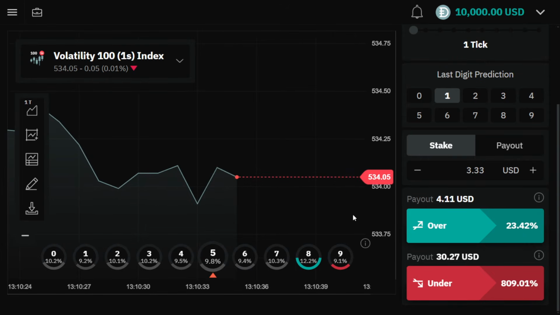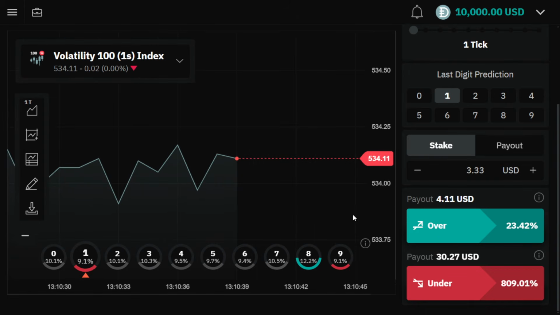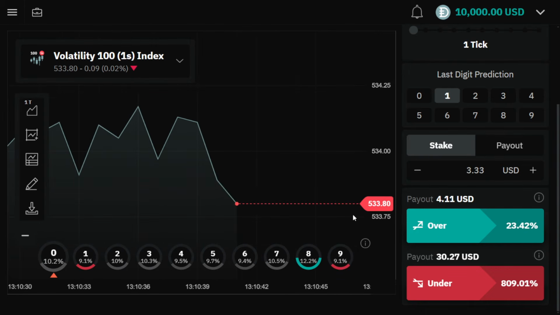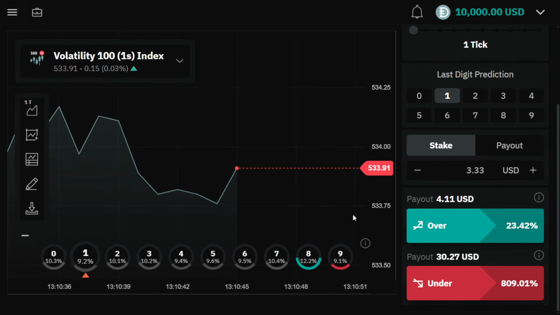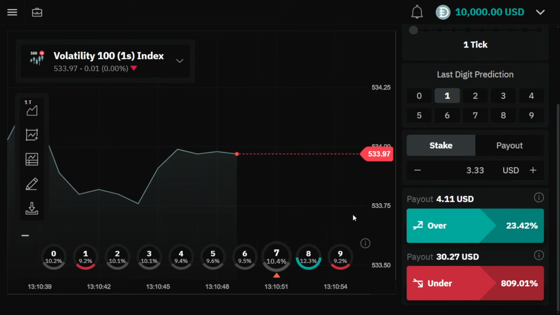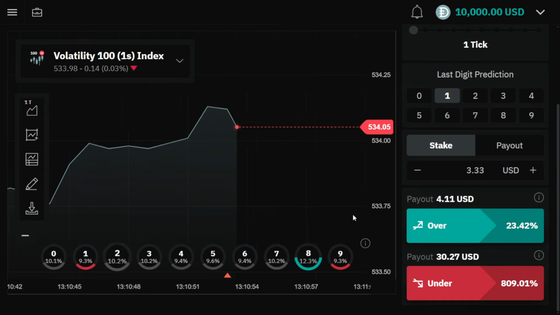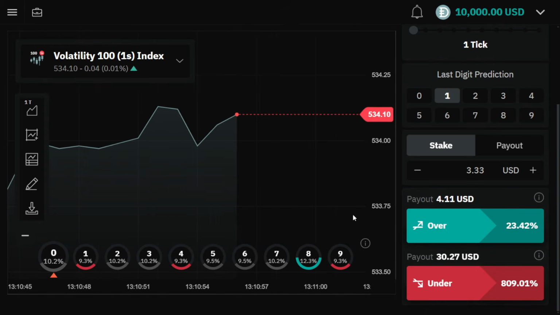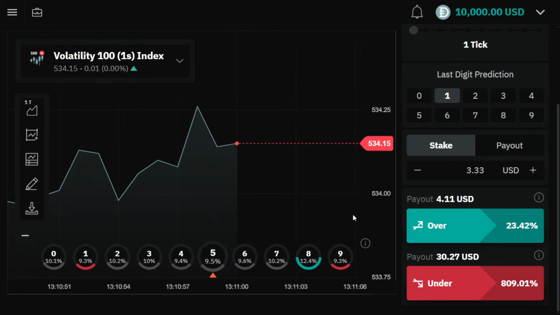It is quite simple. Wait for the ticker to touch the 2 numbers below 2, that is 1 and 0. You can wait for the ticker to touch 1 and 0, and then you place over immediately without hesitating, or you wait for the ticker to touch 1 alone. You can wait for the ticker, the red triangle, to land on 1, and then you place over, or wait for it to touch 1 and 0, and then place over.